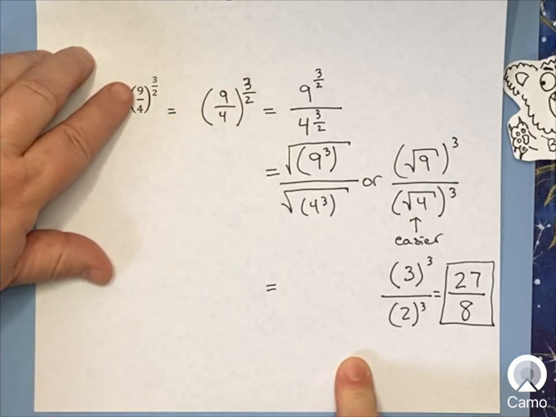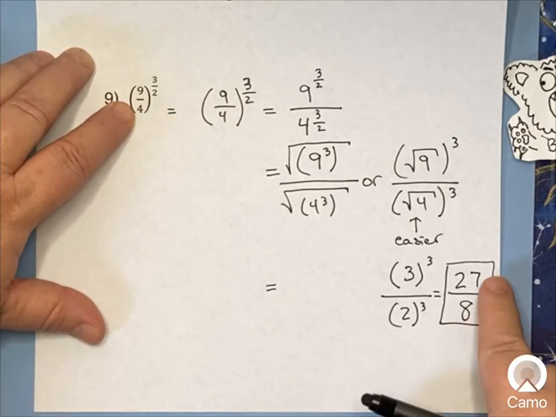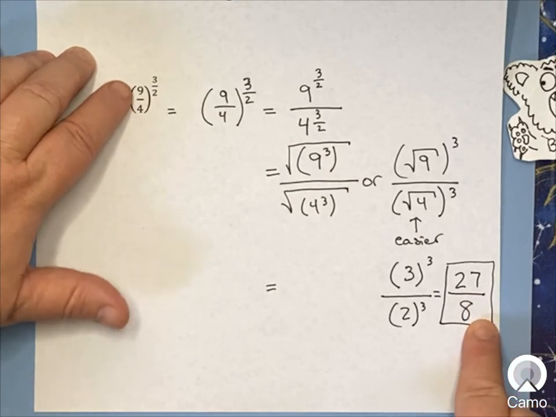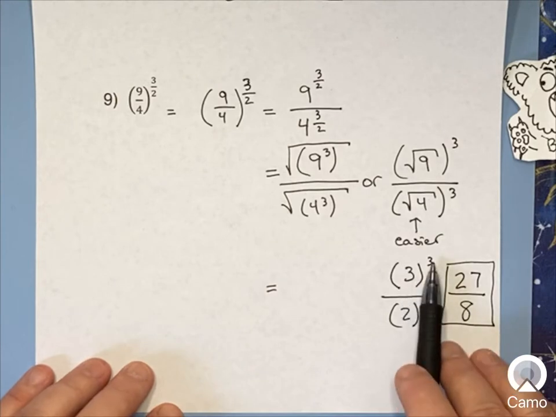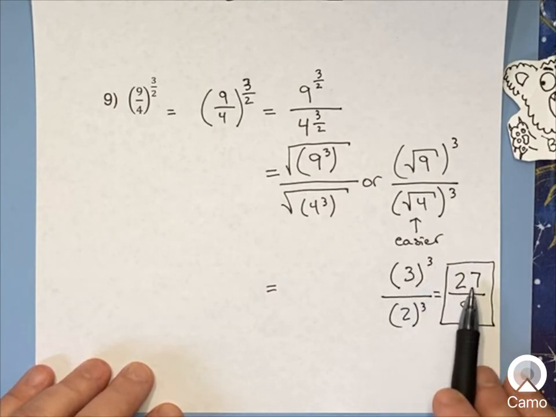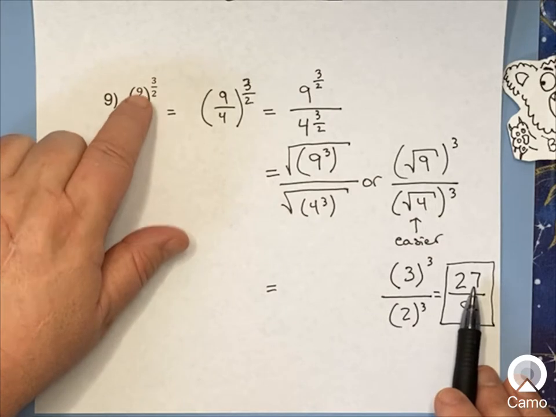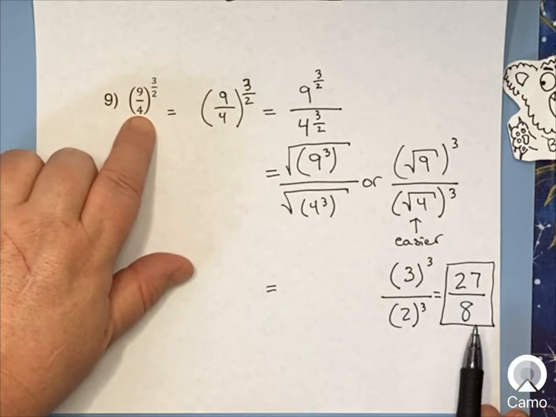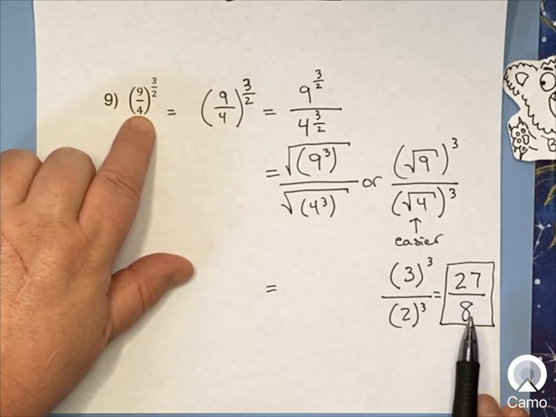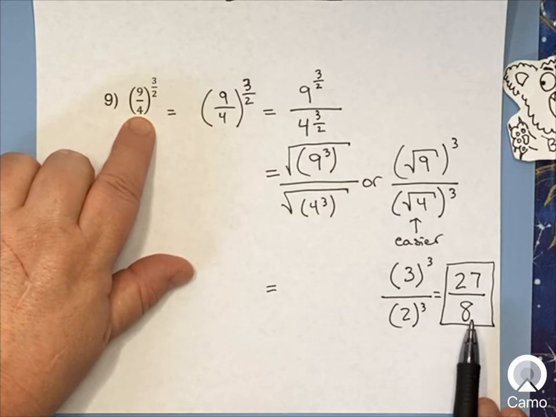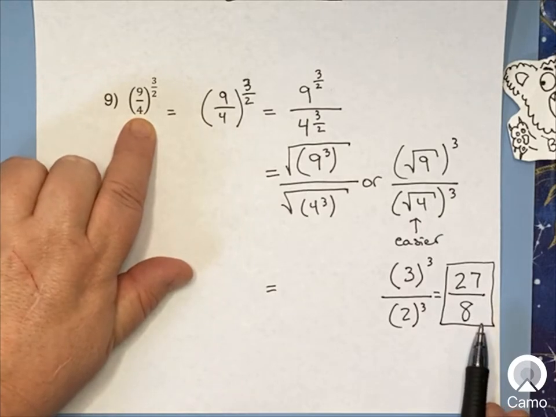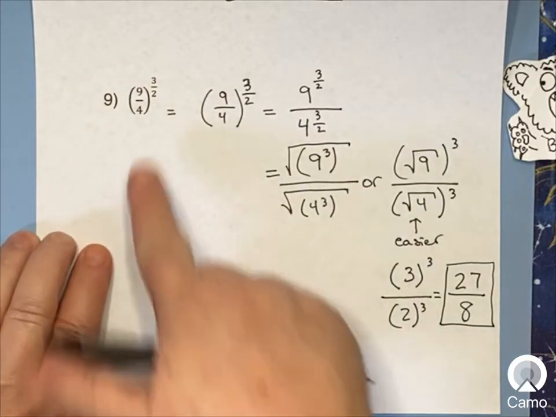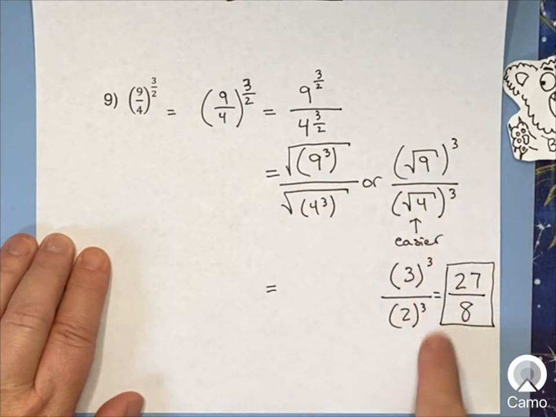We went from 9/4 to 27/8. So we made each one a little bit smaller first and then bigger. Did we go all the way to 81 with 9? No. Did we go all the way to 16 with 4? No, we went partway there. So that's what 3 halves represents in this case. Hopefully that made sense. If it didn't, that's okay. But hopefully one of these methods does help you get to the end of this problem.